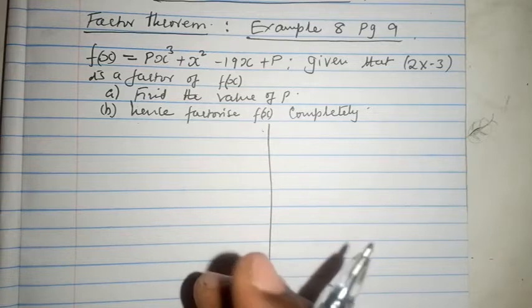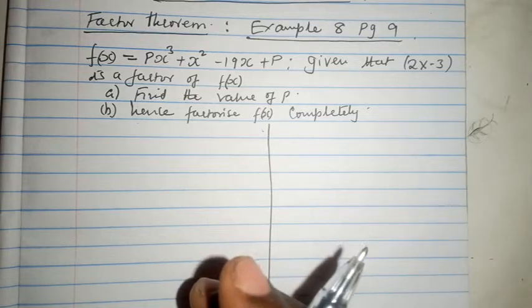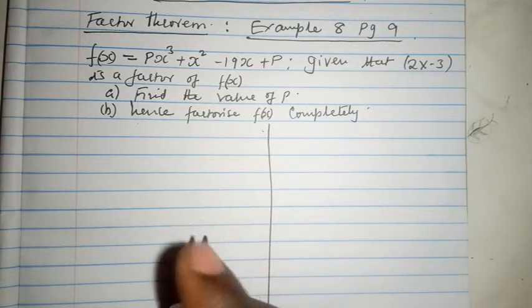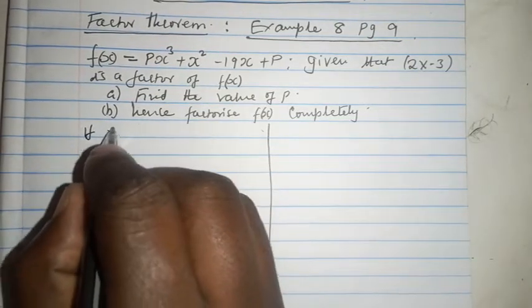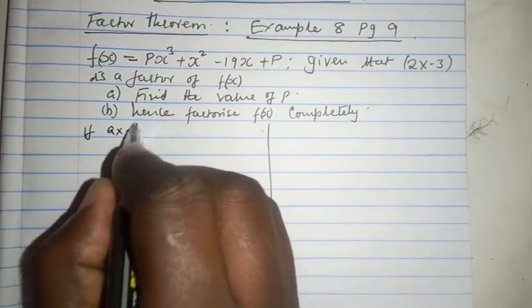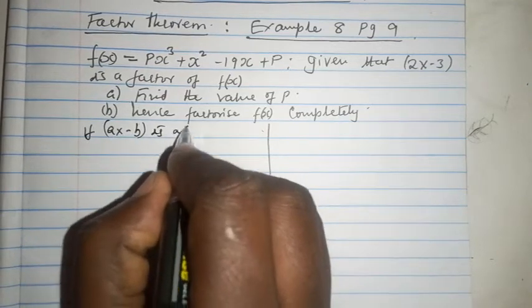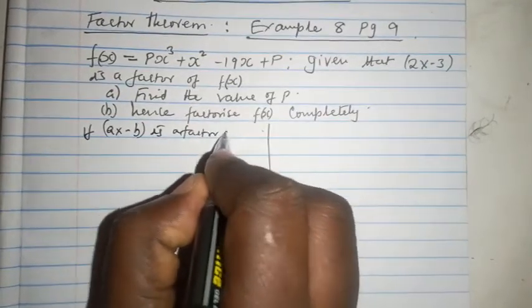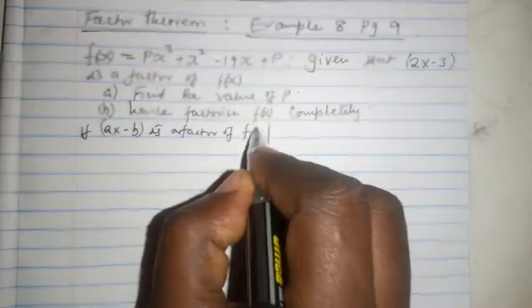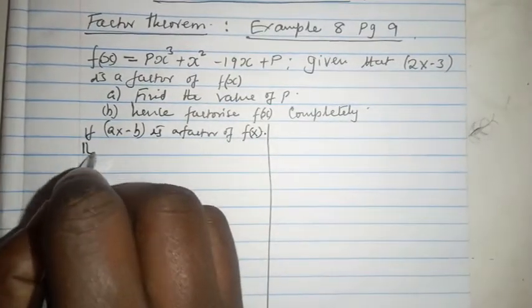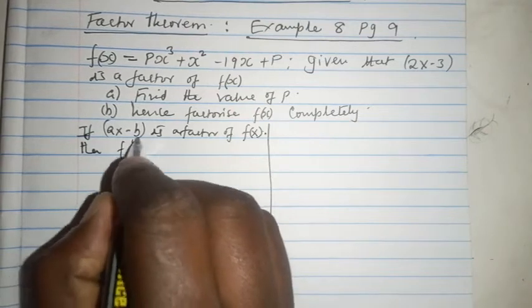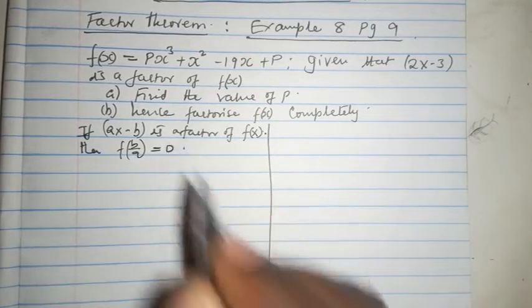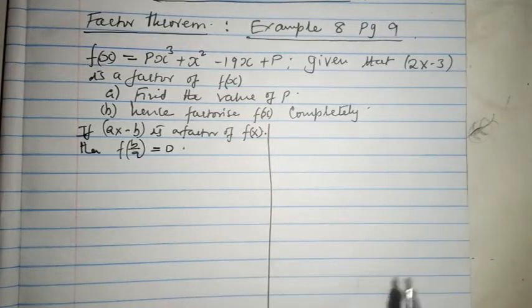You remember in some previous videos we said that if ax minus b is a factor of a function of x, then f(b over a) is 0. And this one is just in this format.